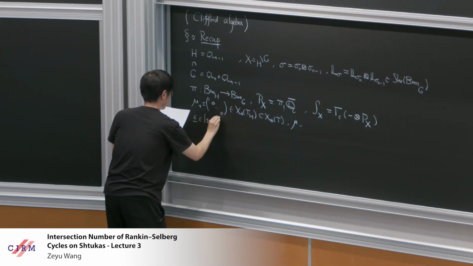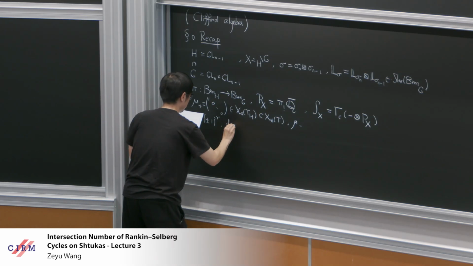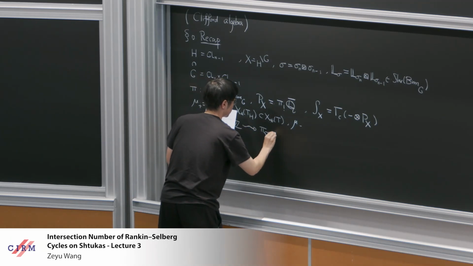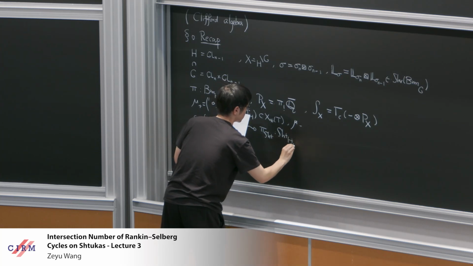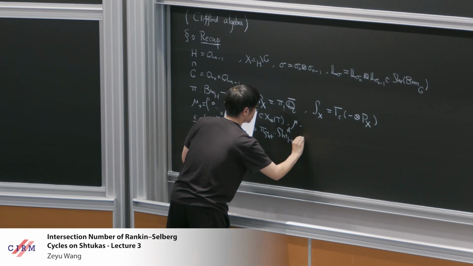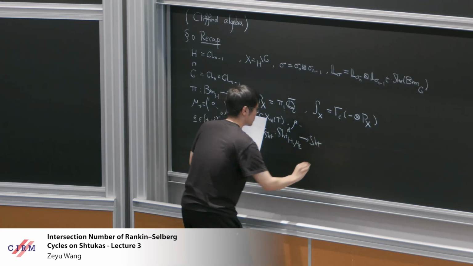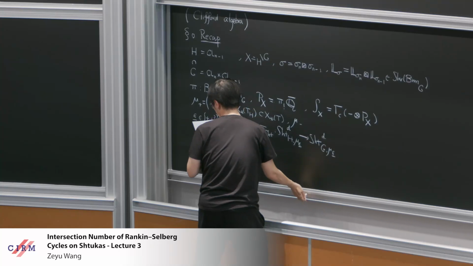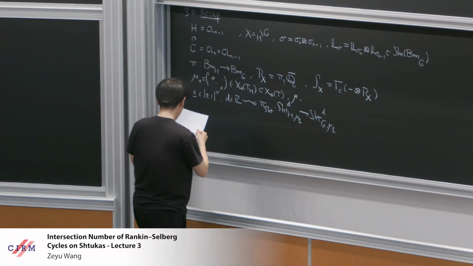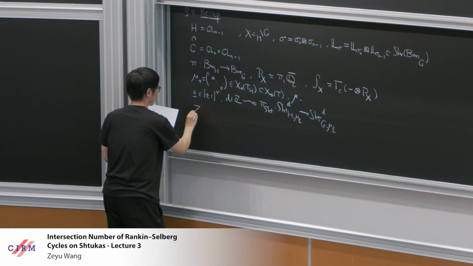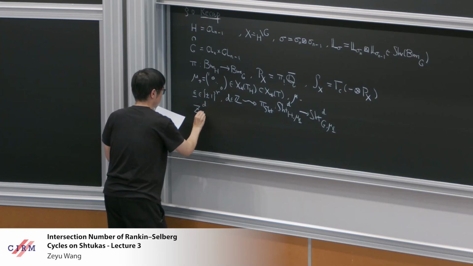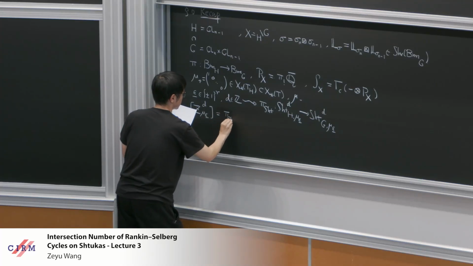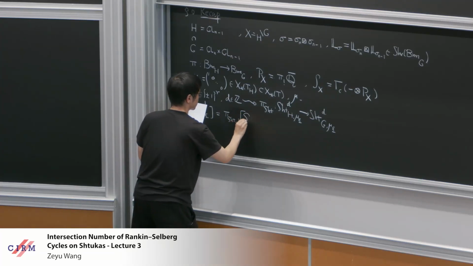So for each choice of signs and degrees, you have a map between Shtukas, pi from Shtuka H to Shtuka G. And you have these special cycles. It's a push forward of the fundamental class of Shtuka H.